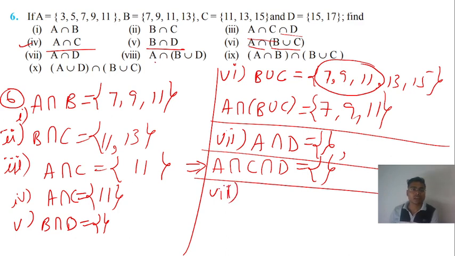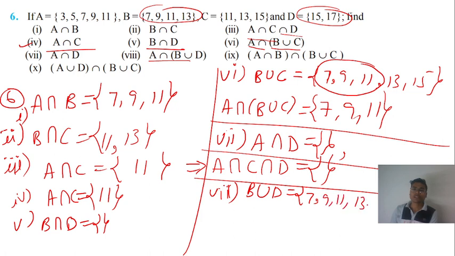Coming to part 8. Part 8 is saying that you will first have to do B union D and then intersection with A. So we will find B union D first. To find B union D, write all the elements of B and all the elements of D. So all the elements of B means 7, 9, 11, 13 and all the elements of D means 15 and 17.